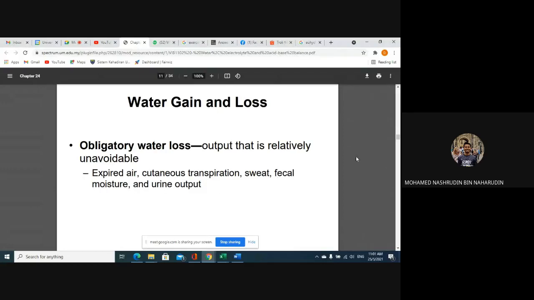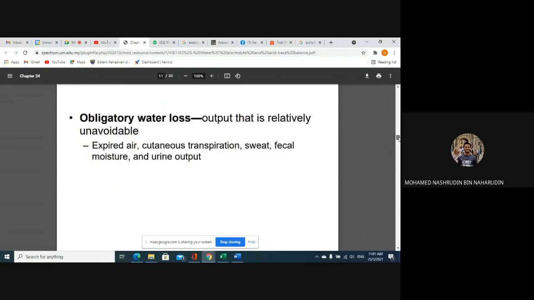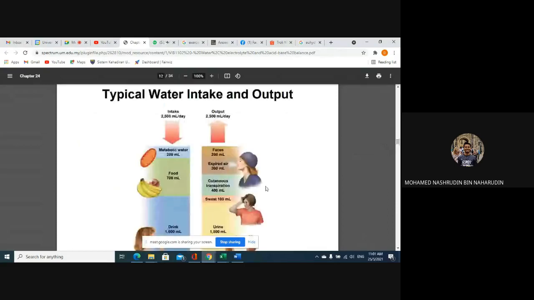So these are obligatory water losses. You will definitely lose water from these pathways. This is a simplified version for you to better understand: where intake comes from, and where output goes. If the intake is the same as the output, it means that you achieve a hydrated state.